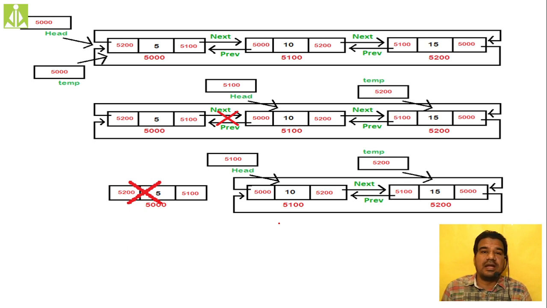Add at last, there also the time complexity is order of n, because we have to run a temporary pointer. Add after, adding a new node after a given key value, is also order of n only. Then delete functions: delete at first also order of n, delete last also order of n, and deleting the entire linked list is also order of n in a circular singly linked list.